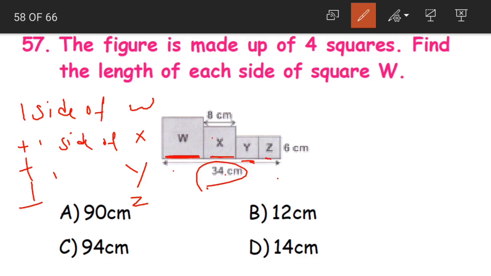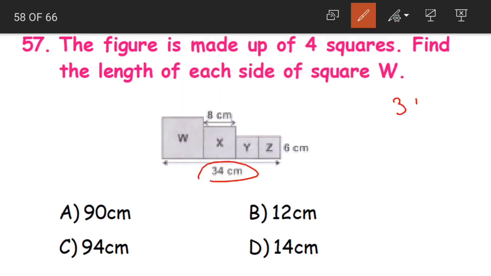So we already know the length of sides of 3 squares. Only one square's length is missing. So from the total, if we subtract the remaining lengths, can we get the length of W? Yes, we can.